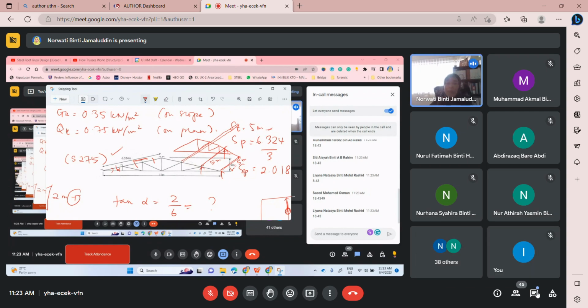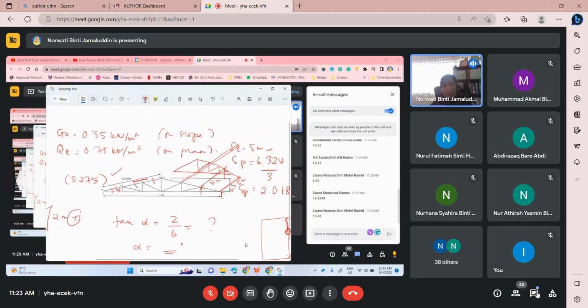This is simple mathematics. All engineering students should know mathematics.